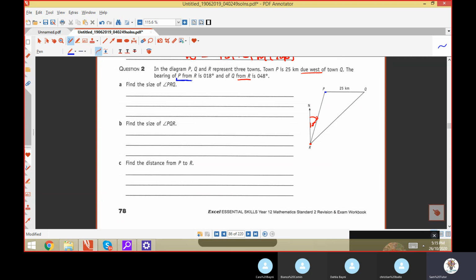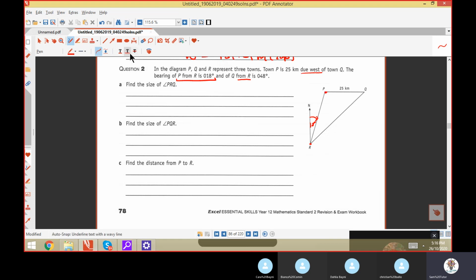I should have color coded this properly. I should have done that in red. So just focus here. We'll do this question together, okay? So P from R, 18 degrees is looking from here, but it says from R, that's connecting to P, that's 18.